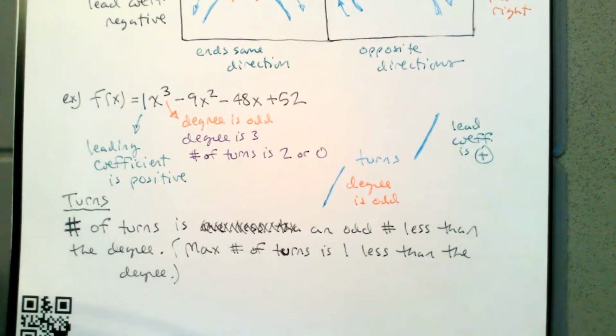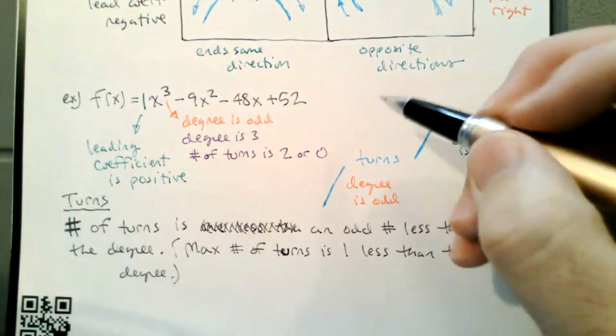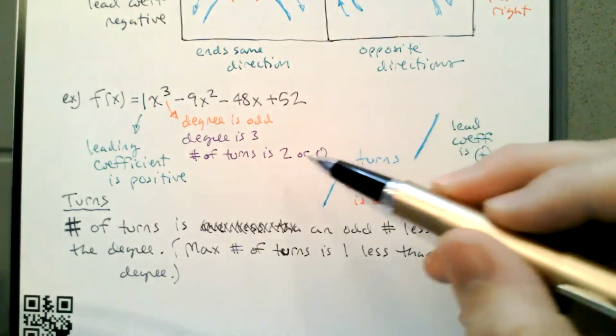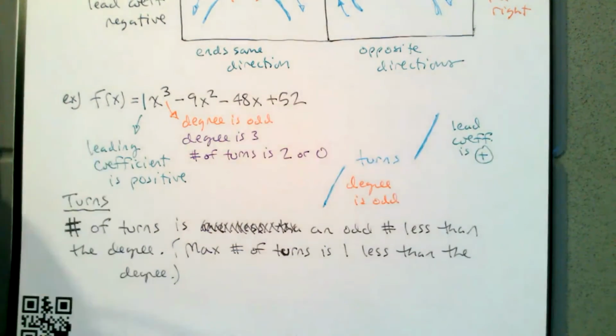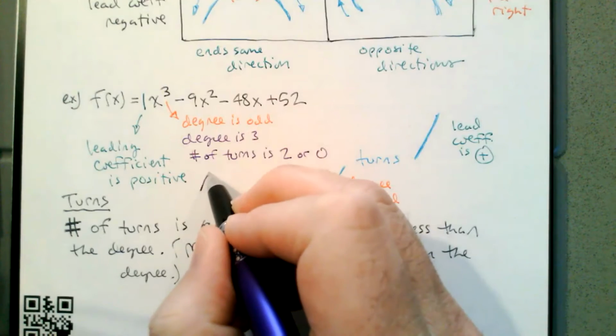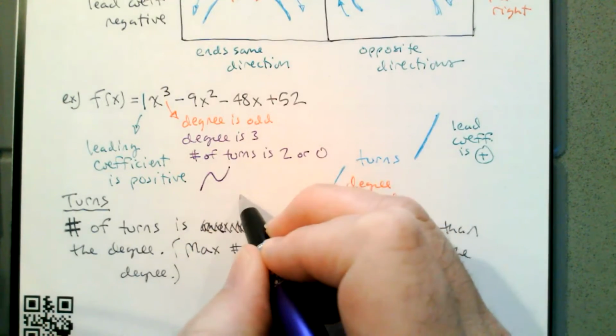So a 3rd degree polynomial will either make 2 turns or 0 turns. So although we know what this one does, either to have this end behavior and either 2 or 0 turns, what that means is this graph either makes 2 turns or 0 turns.